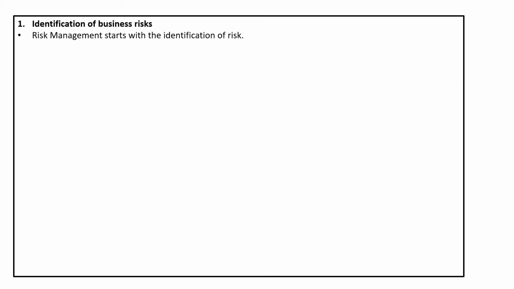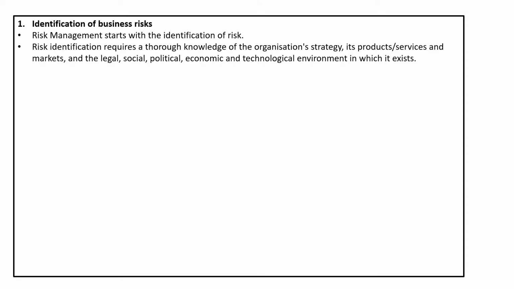Risk management starts with the identification of risk. Risk identification requires a thorough knowledge of the organization's strategy, its products or services and markets, and the legal, social, political, economic and technological environment in which it exists.